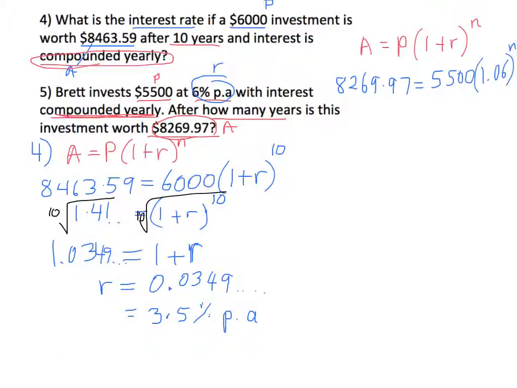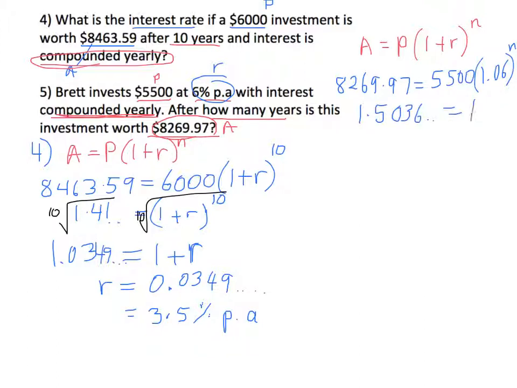So we're solving an equation with the variable as the exponent. So the first thing that we need to do is divide both sides by the 5,500. So 8269.97 divided by 5,500, and that is 1.5036 something something something.